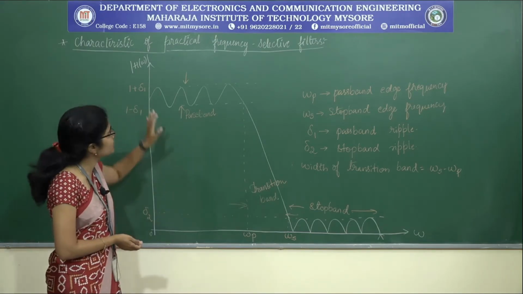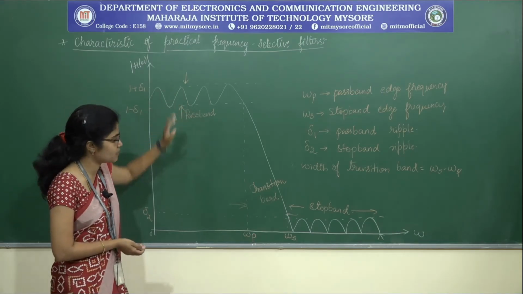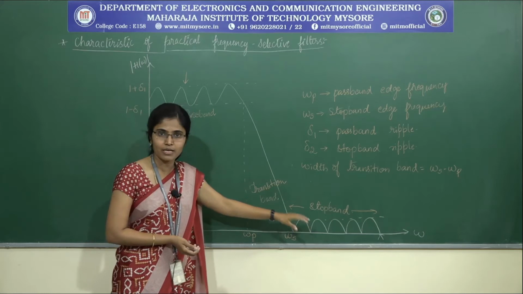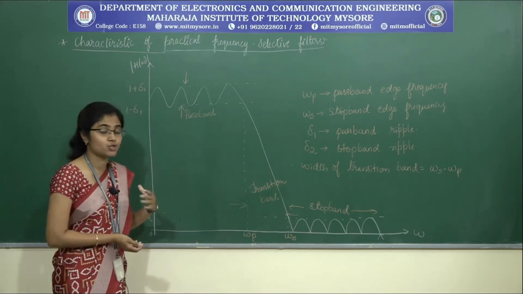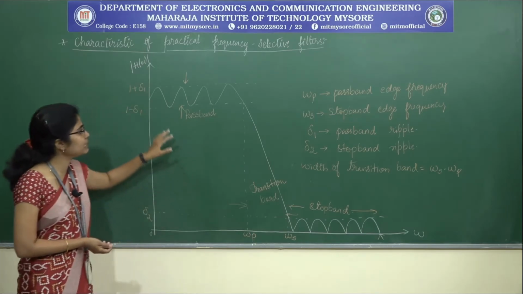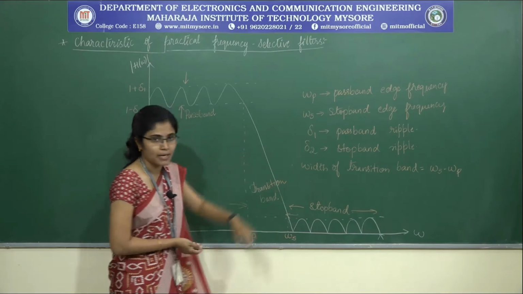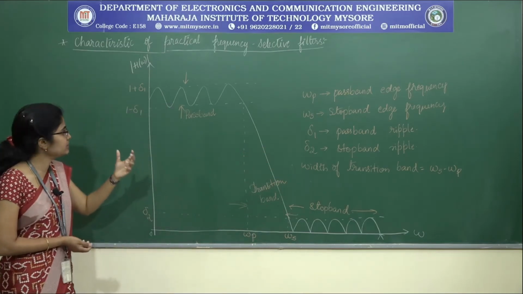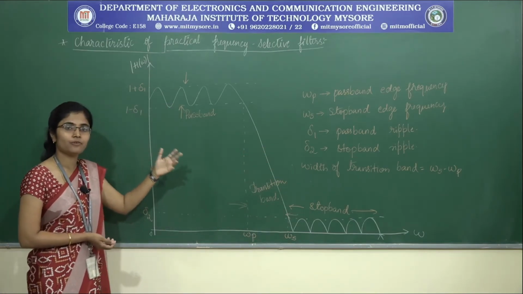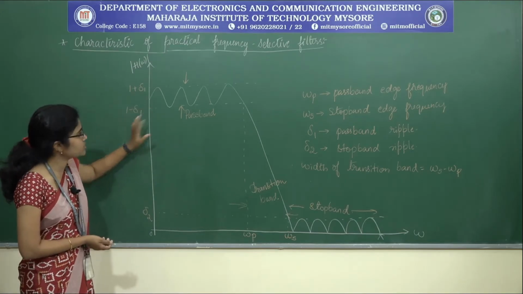Summarizing everything, in the frequency response of a practical filter we will have pass band, transition band and stop band. A certain amount of ripple is tolerable both in pass band and stop band. If we have ripple in the pass band, we denote it with delta 1, the pass band ripple, and the magnitude of H of omega will vary from 1 plus delta 1 to 1 minus delta 1.